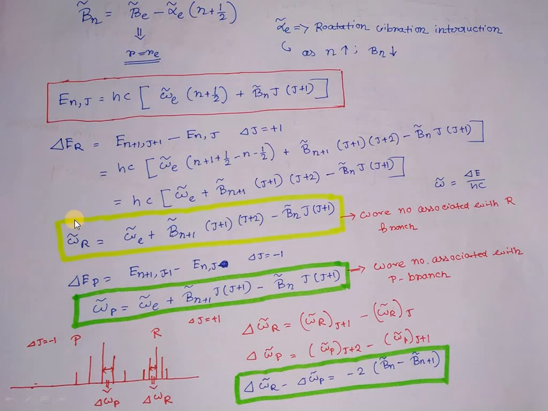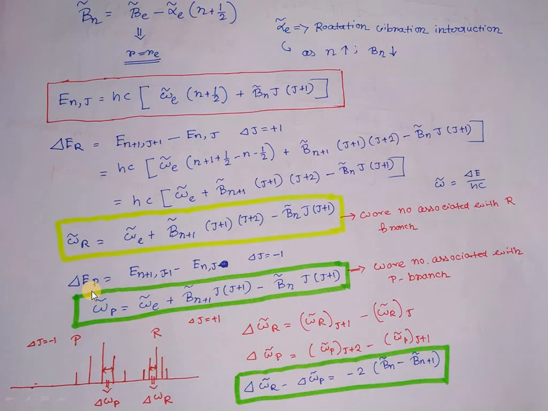So in terms of the wave number, the wave number associated with the R branch will be omega R bar equals omega e bar plus Bn plus 1 bar into (J plus 1)(J plus 2) minus Bn bar J into (J plus 1).